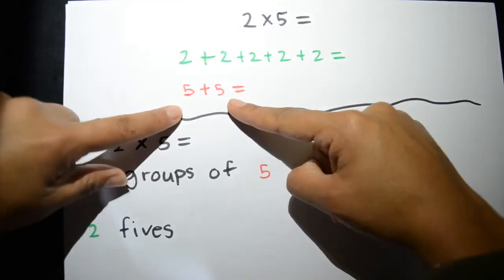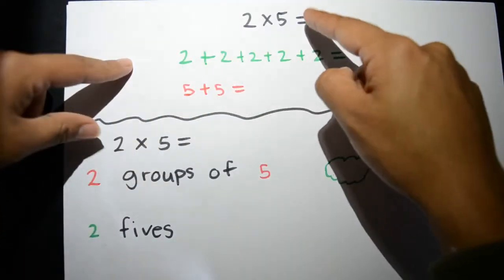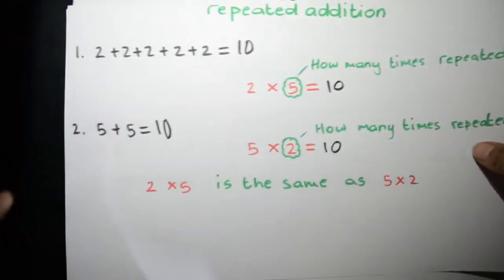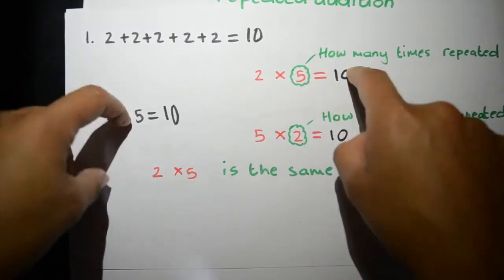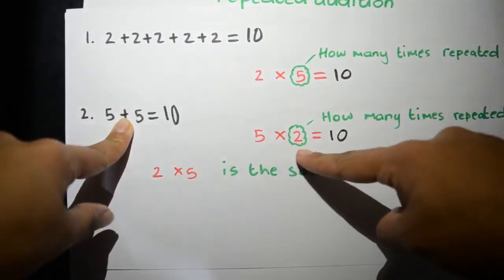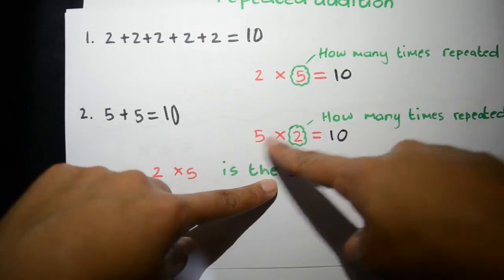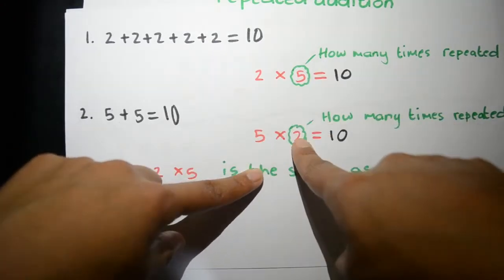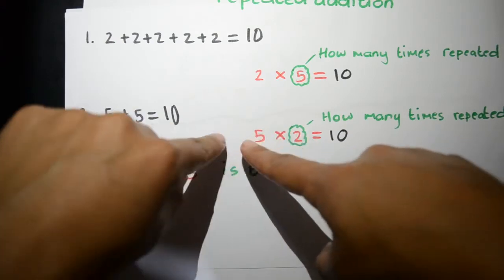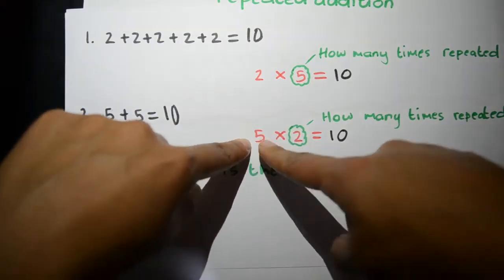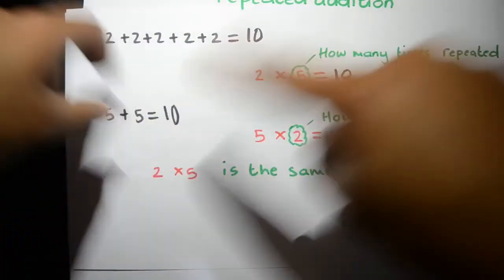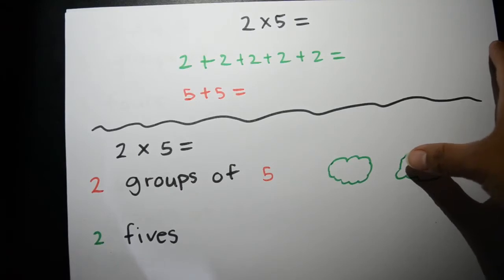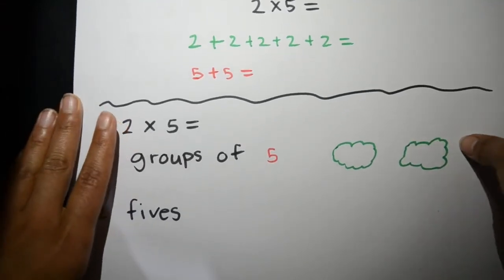And there you go. So you get to the same answer. So even though we looked at how many times this is repeated, the second number, it can also be the other way around. You can just look at the sum and say, I'm counting in 2's, but I'm going to do it 5 times. So you can switch it around. It just depends on you which one you'd like to count in and how many times it's repeated.